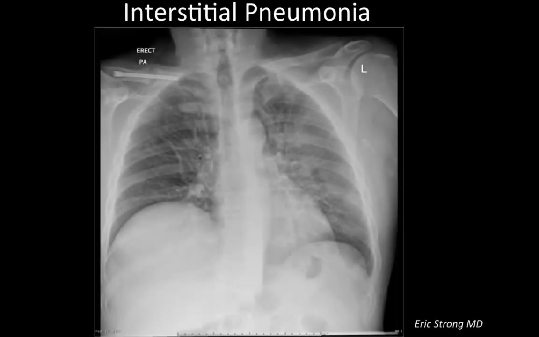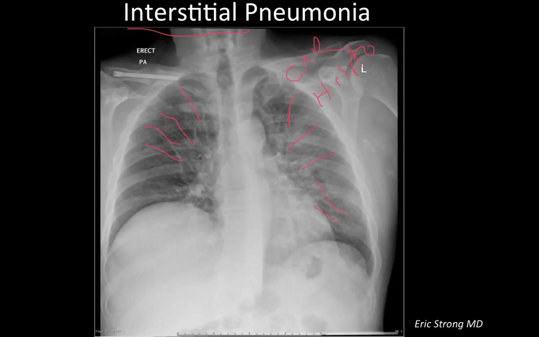As far as the pattern described as interstitial pneumonia, the words interstitial and alveolar are not really a chest X-ray description. They're mostly a histopathologic description. So if you look at an X-ray and you see lines, it's probably more useful to call it a reticular infiltrate than an interstitial infiltrate.